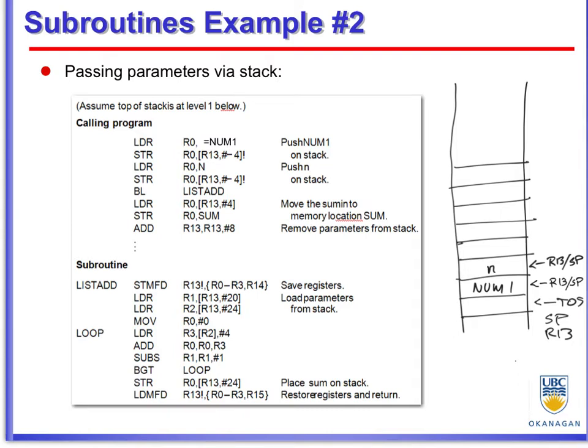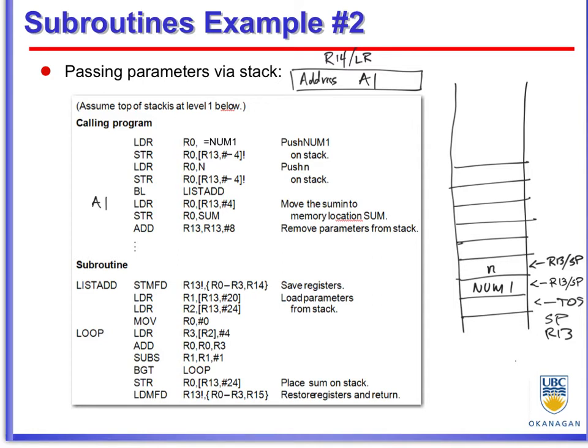Okay, so somewhere we're going to have R14, which is our link register, and it's going to hold the address of, I don't know, I'm going to call it A1 here. It's going to hold address A1, the address of that instruction, LDR R0, R13, number 4.